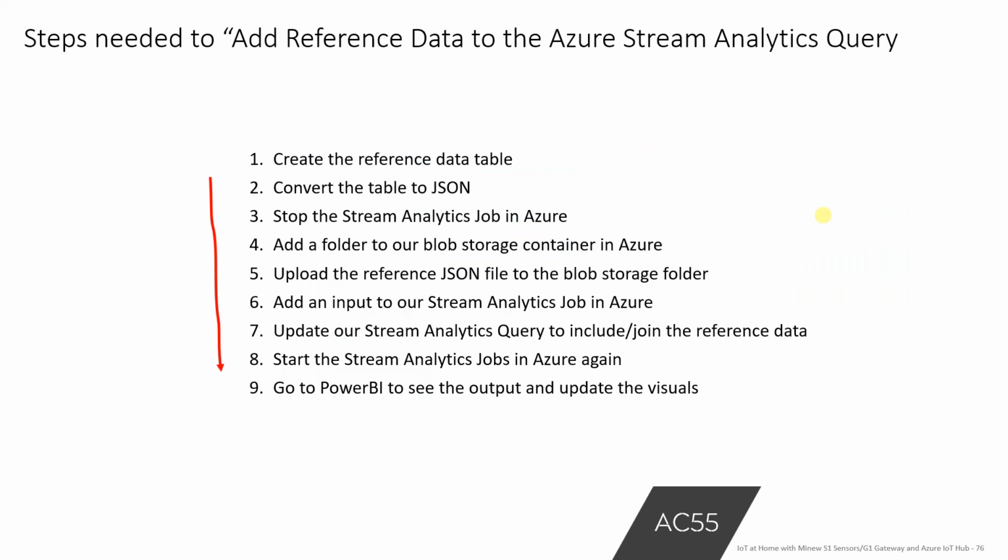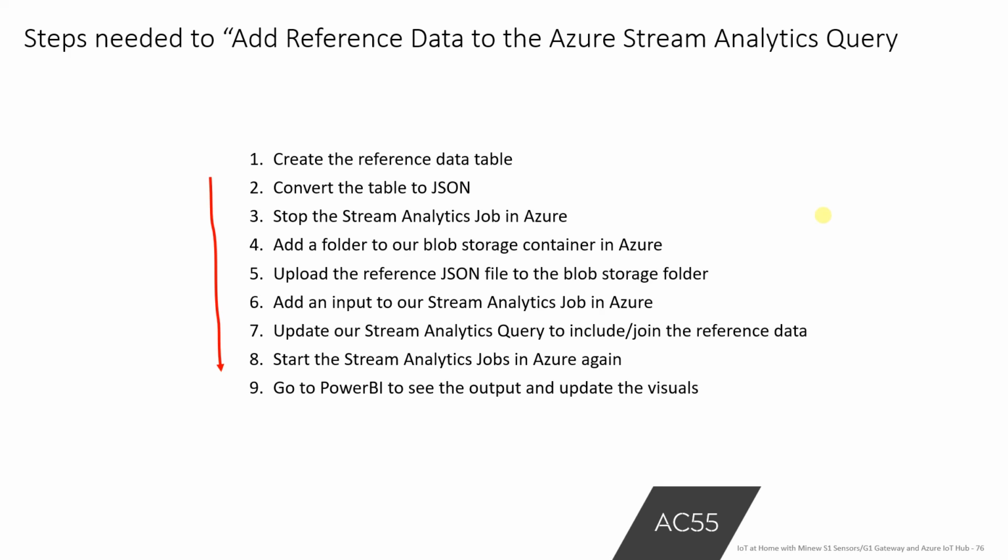To add a reference data set to our stream analytics job, we actually need to go through 9 different steps. First, we need to create the reference data table. Then I recommend that we change it to a JSON format. Then we need to go and stop the stream analytics job in Azure. Then we need to add a folder in our blob storage container in Azure. We need to upload the JSON file to that folder.